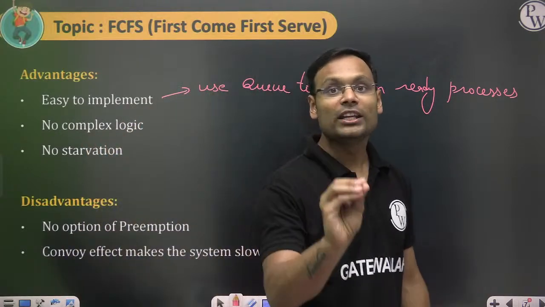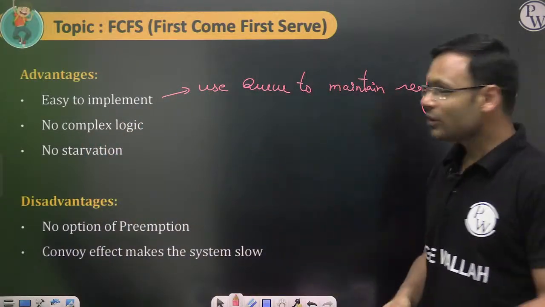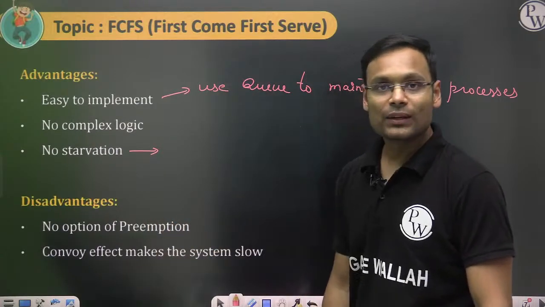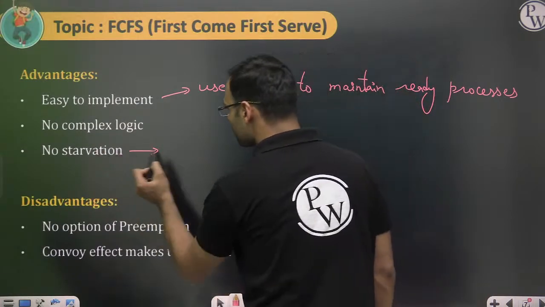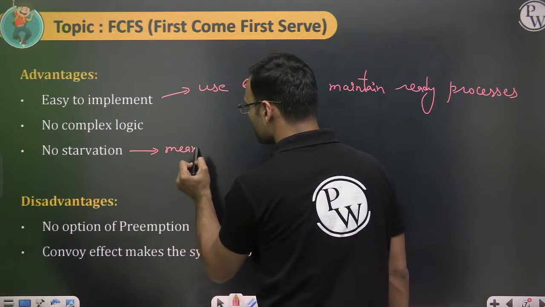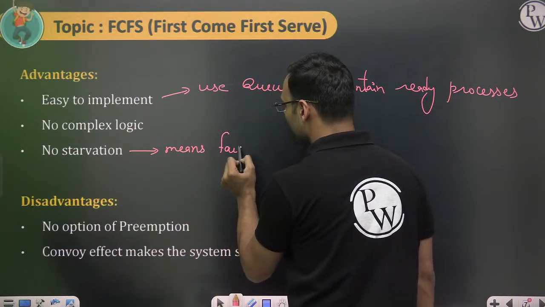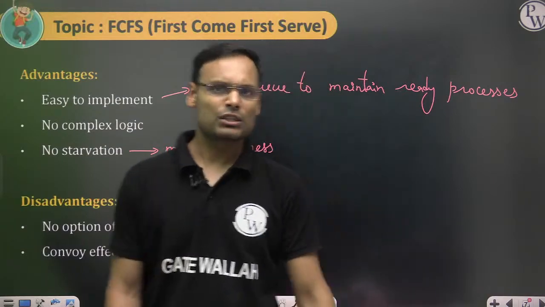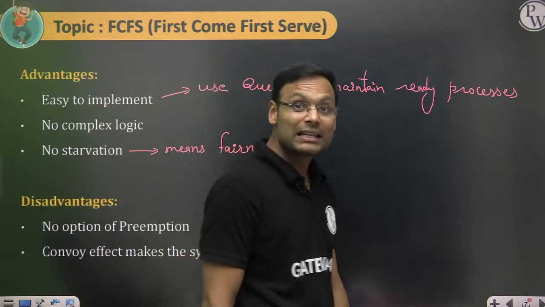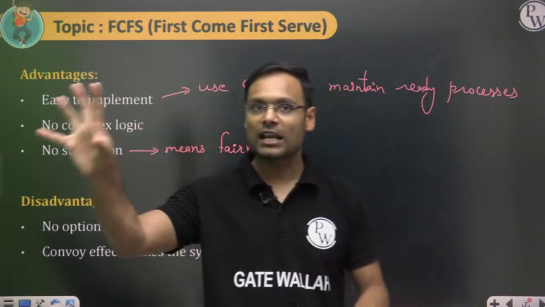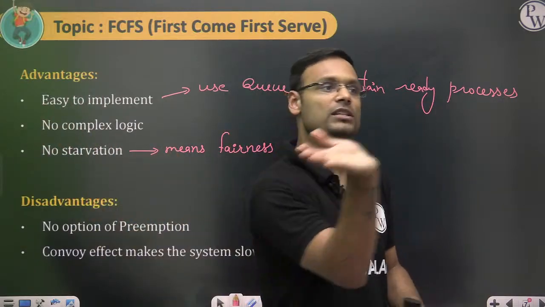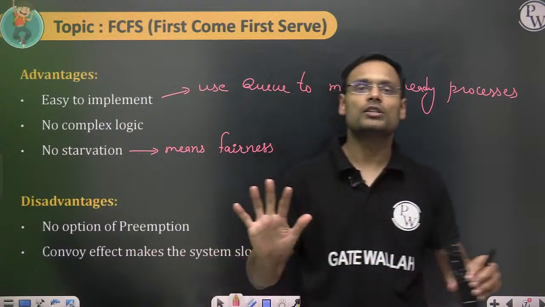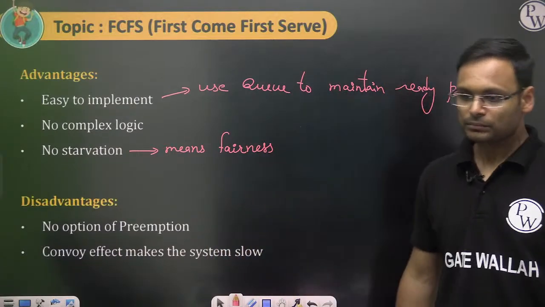Here, there is no chance of starvation. Why not? Just because all the processes will get fairness. So no starvation, which means we implement fairness here. Each process gets a fair chance. We are not choosing or favoring some processes while keeping other types of processes waiting. And that's why starvation may occur elsewhere. Here, there is no such problem.